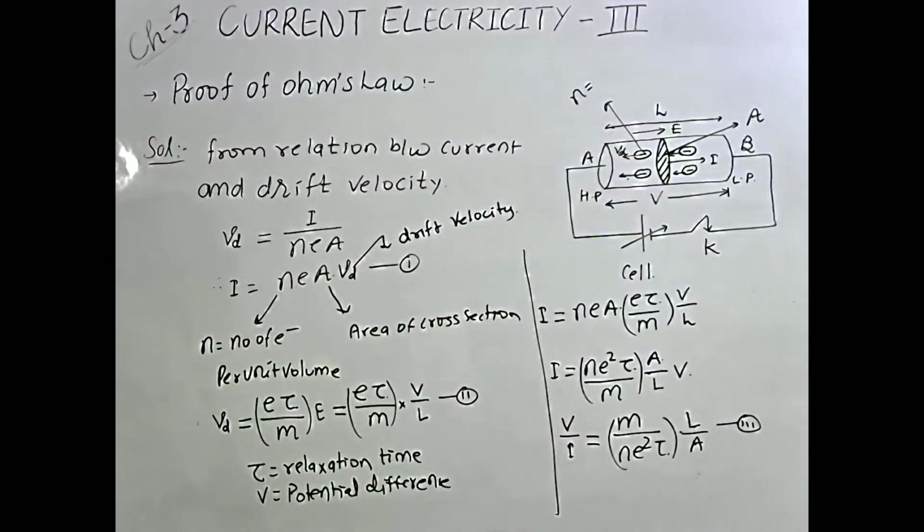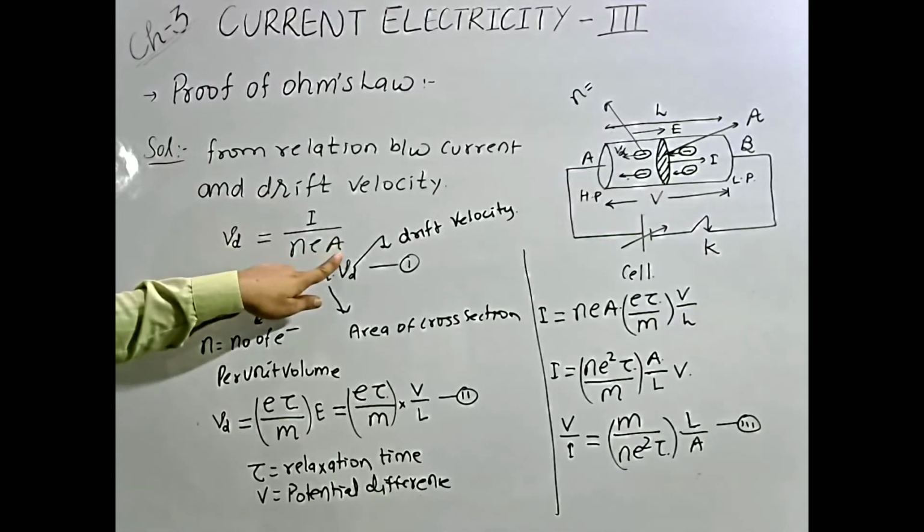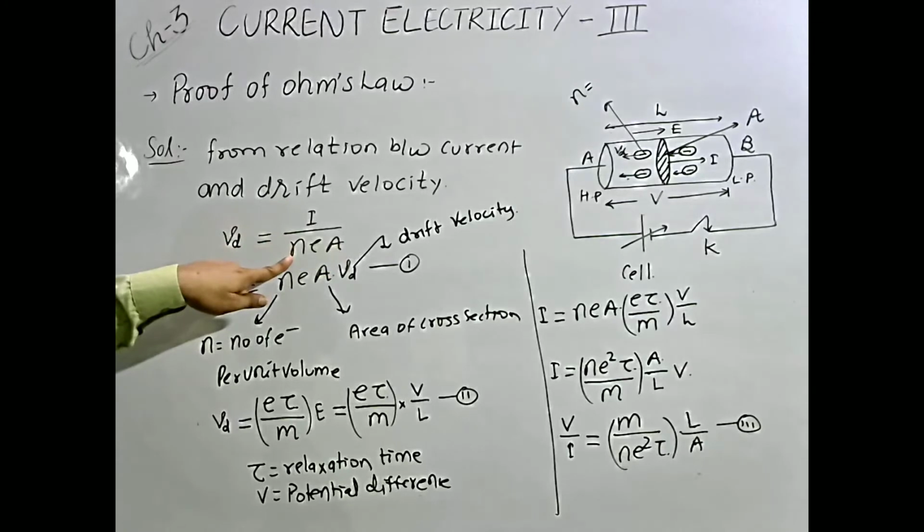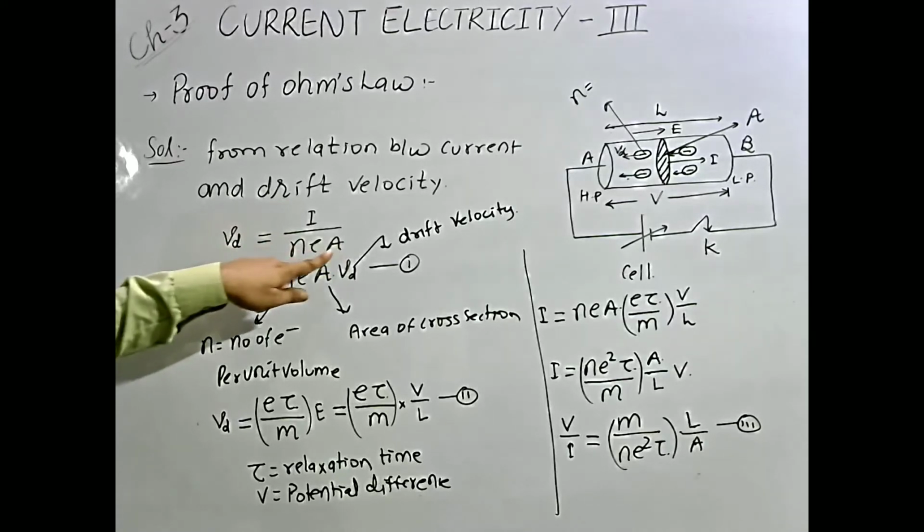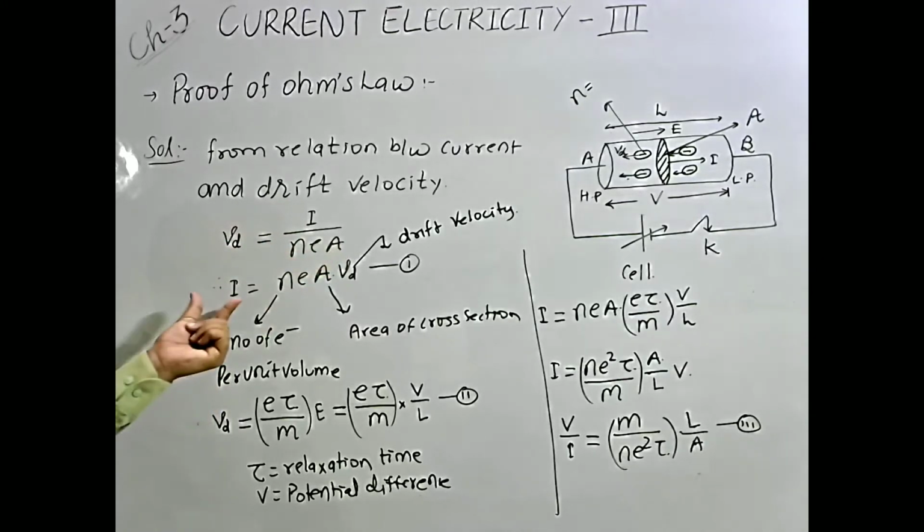I hope all of you understand. Now again I revise. We know that the drift velocity Vd is equal to I upon nEA, where I is current, n the number of electrons per unit volume, and A the area of cross section. So I is equal to nEAVd.